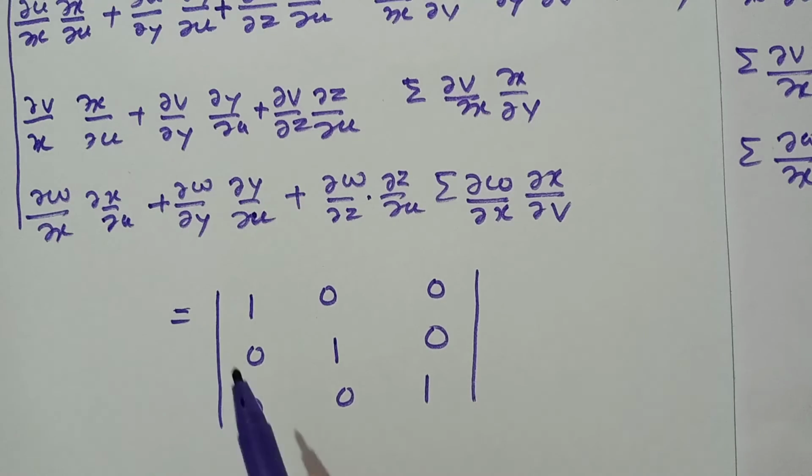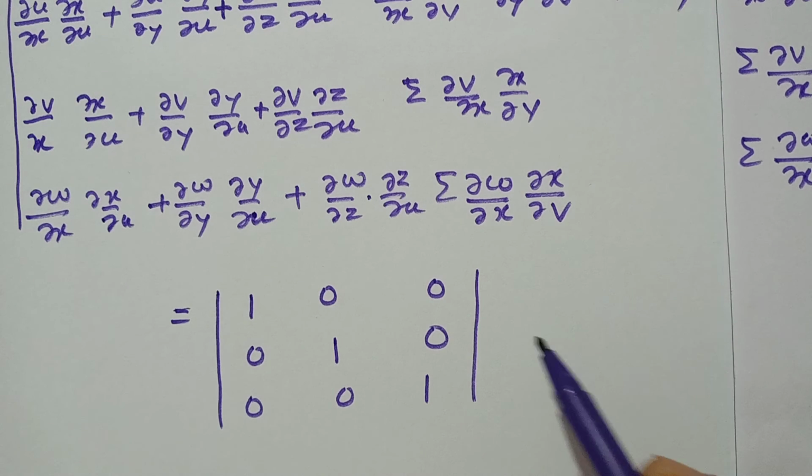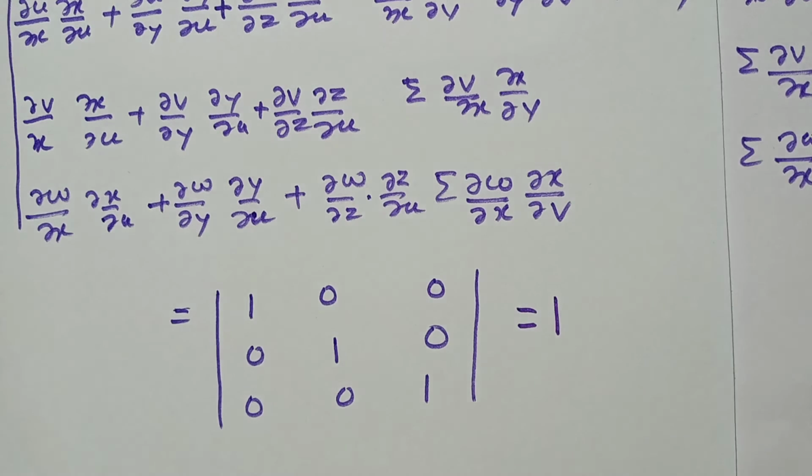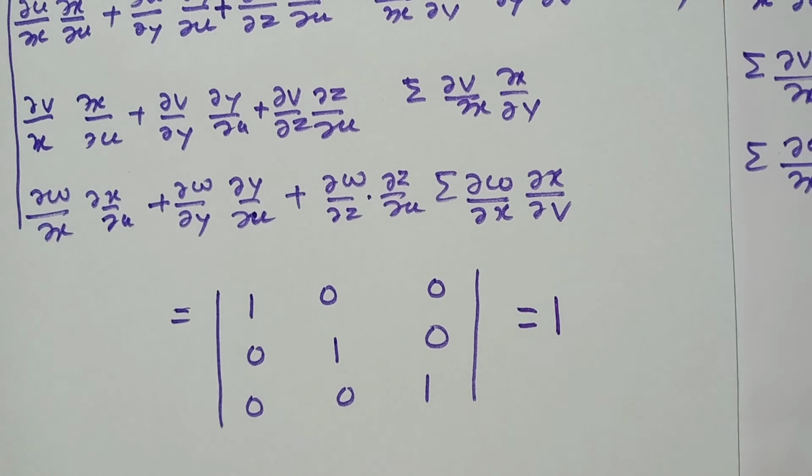So this is equal to 1, 0, 0, 0, 1, 0, 0, 0, 1. So this is equal to 1. Okay, so it is proved.